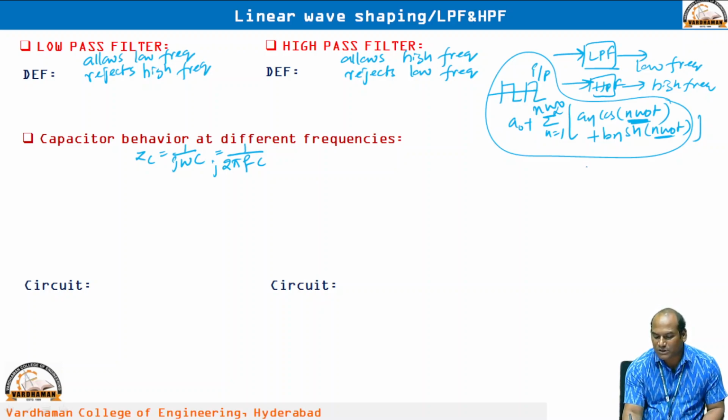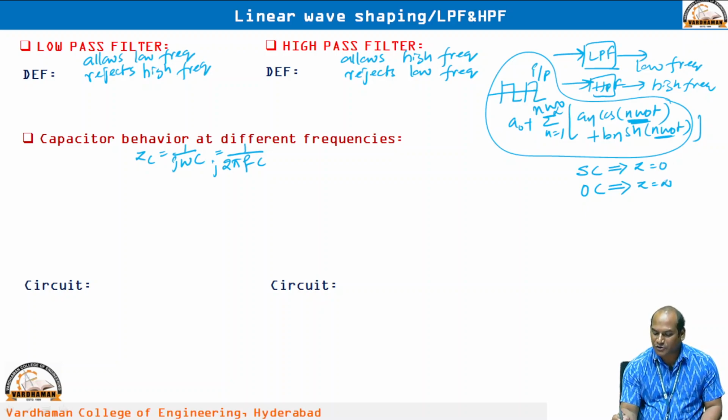We know very well about short circuit and open circuit. I am just revising here. Short circuit means impedance is 0, open circuit means impedance is infinity. Short circuit means voltage is 0, but current is available, it is not equal to 0.